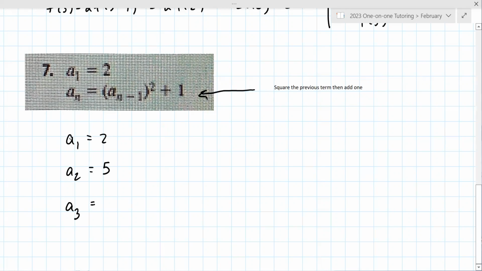So the third term, you're squaring the previous one, then adding 1 to it. If you'd like to show your work, it's 5 squared plus 1, which is 25 plus 1, 26. And we could do the same thing for that previous one. It just depends on how comfortable you are with showing steps or not showing steps along the way.